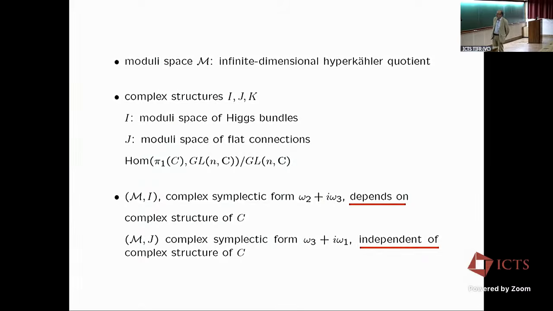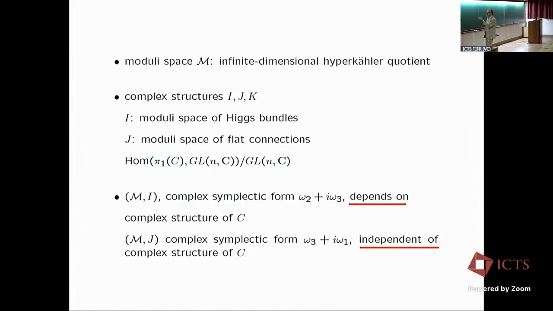So MI, the Higgs bundle complex structure, has the symplectic form, the Kähler form, omega-1, and then omega-2 plus I omega-3 forms a holomorphic symplectic form relative to the complex structure I. Now, complex structure J has the complex symplectic form, the Goldman form, and in the hyperkähler interpretation, this is the complex form omega-3 plus I omega-1.